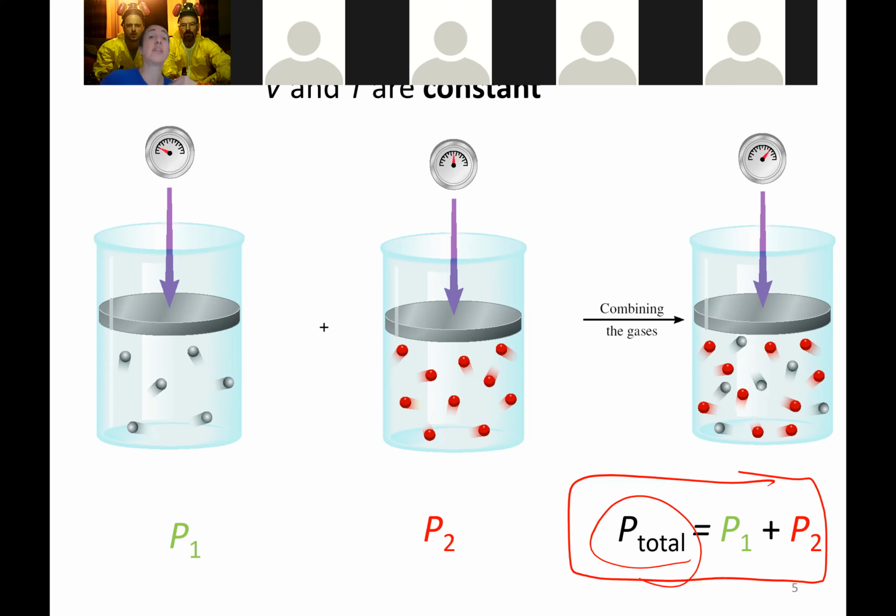You just have to learn the little, what is it called, I can't remember the word, eccentricities or whatever, little logistics of how to do that. But the fundamental concept is that if you want to find the total pressure of something, you take everybody's partial pressure and add them up. At the same time, if you know the total pressure of the container, you can find the individual pressures by using a derivative of this equation.